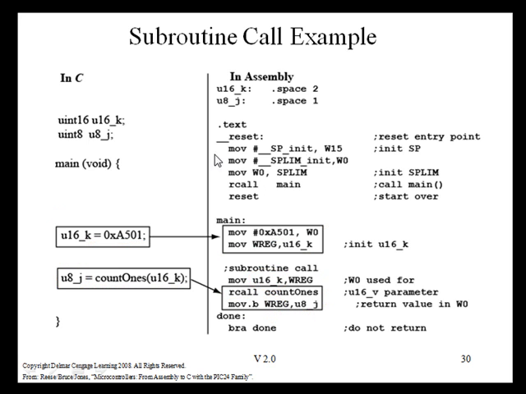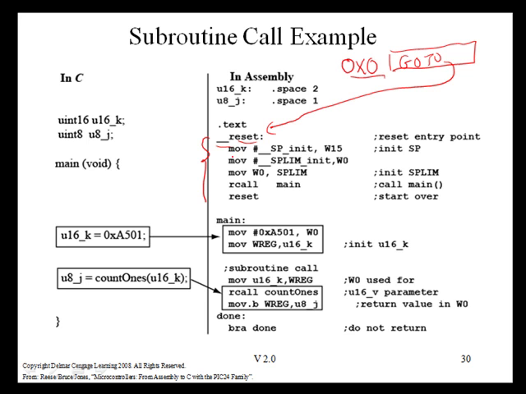Let's talk a little bit about this code here, which is modeled after the type of code that is generated by the PIC24 compiler. Recall that on power up, the first instruction that's executed by the PIC24 sits at location 0, and what's going to be placed here by the compiler is a goto to this special label called _reset.